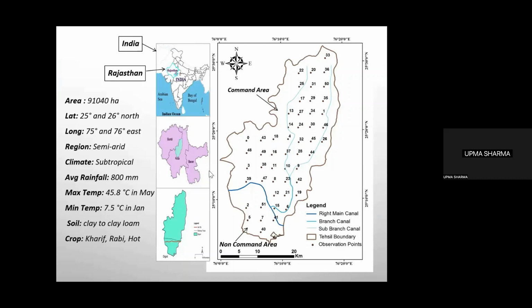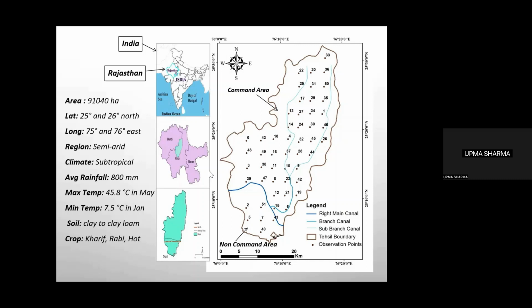Its average rainfall is 800 mm, the maximum temperature recorded is 45.8 degrees Celsius in May, and the minimum is 7.5 degrees Celsius in January. Soil is clay to clay loam. Three kinds of crops are grown: Kharif, the rainy crop; Rabi, the winter crop; and the hot season summer crops. Generally, in the hot season, crops are not grown in this area.